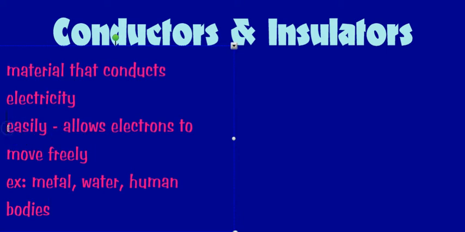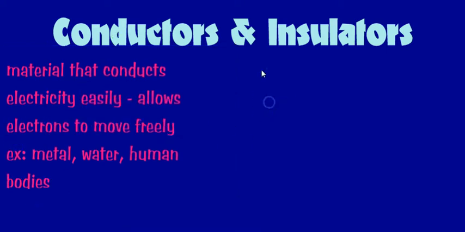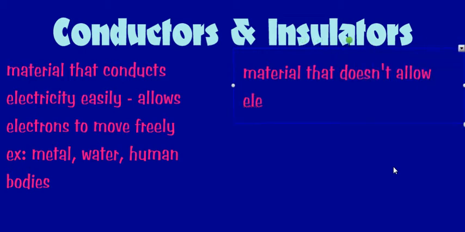Okay, now what about insulators? Well, an insulator is quite the opposite of a conductor. In other words, it's a material that doesn't conduct electricity easily, so it's a material that doesn't allow electrons to move freely.